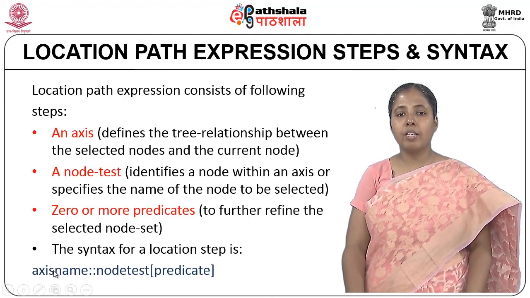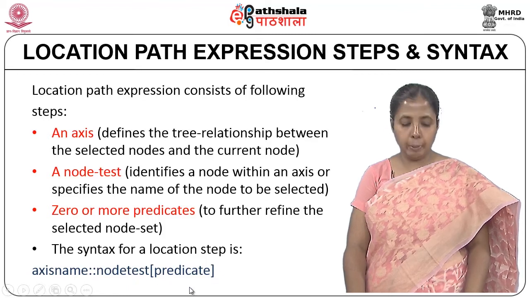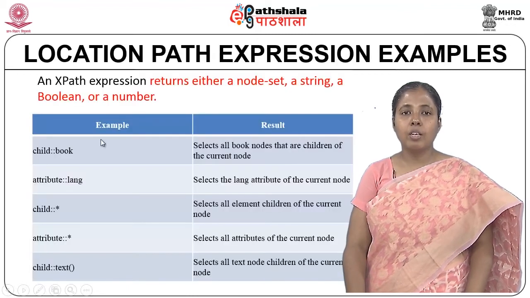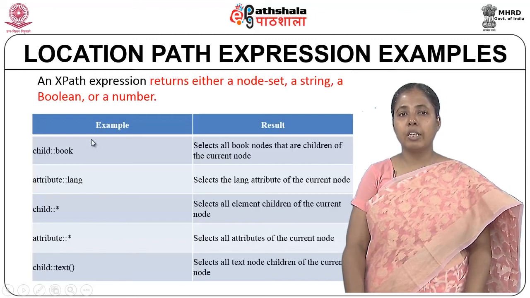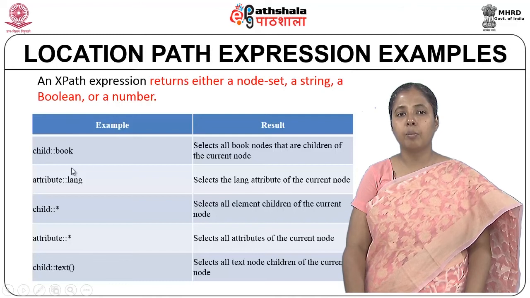The syntax for a location step is the axis name, then the scope resolution operator, the node test along with the predicate. Now, these are some examples which return either a node set, a string, a boolean or a number.